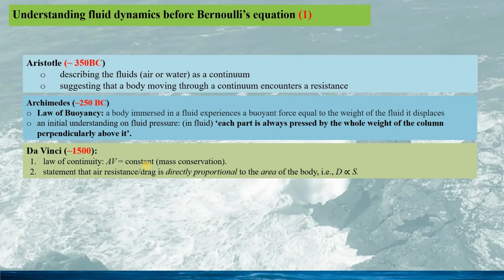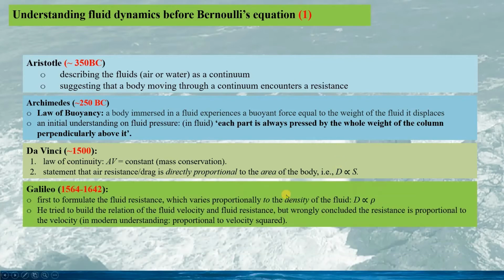In fluid, each part is always pressed by the whole weight of the column perpendicularly above it. In about 1500, Da Vinci noticed the law of continuity, that is, the mass conservation, and he also stated the resistance is directly proportional to the area of the body. And Galileo was the first to formulate that the fluid resistance varies proportionally to the density of the fluid.